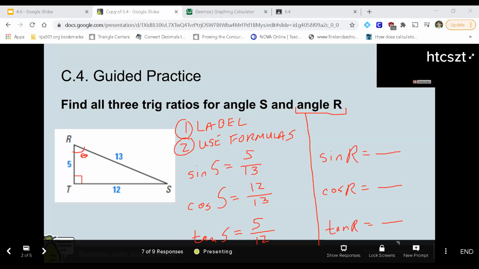Close. Opposite over adjacent. So it'd be 12 over 5 with our new labels, because now 12 is the opposite and 5 is the adjacent. Good job. We feel better about these? Yes, great job.